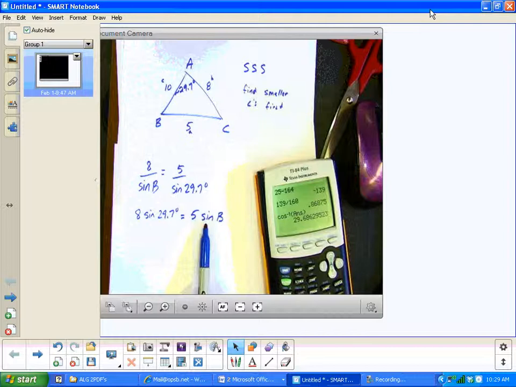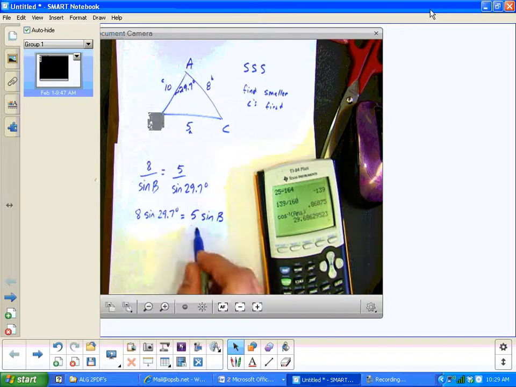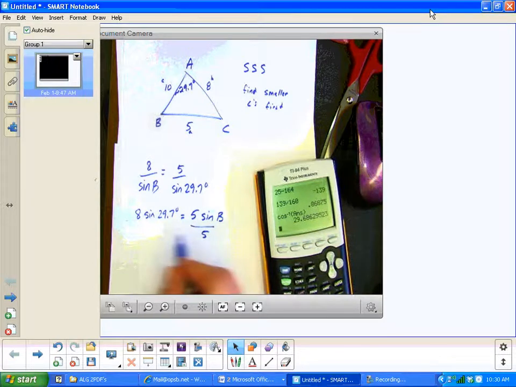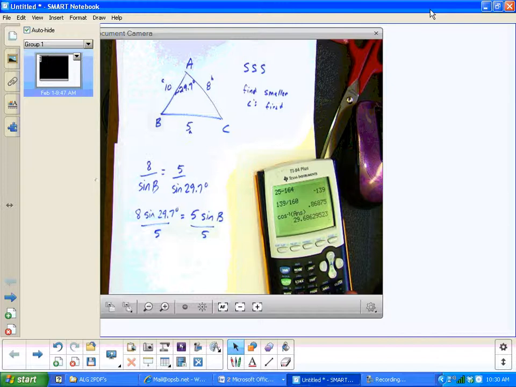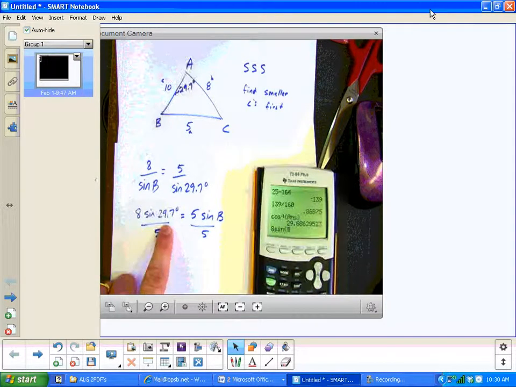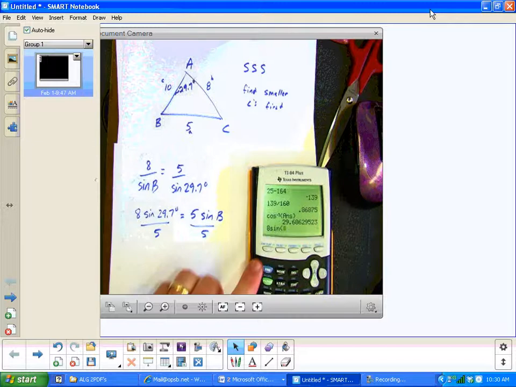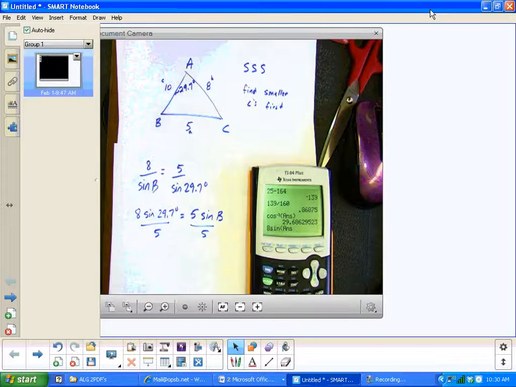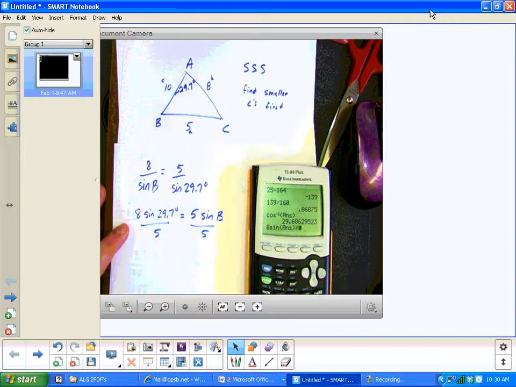If we're finding an angle, we're going to have to use inverse again, but we're going to get rid of the 5 first. Okay, so let's get rid of the 5. All right, so now let's type all this in. 8 times the sine. Now, not 29.7. Answer. Okay, and then divided by 5.